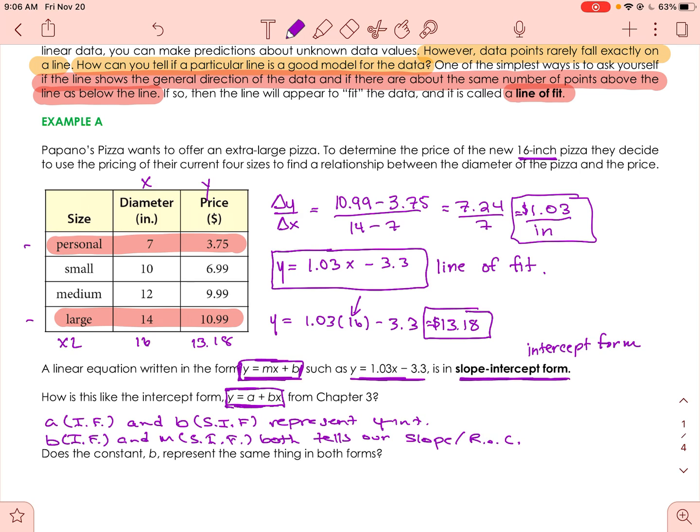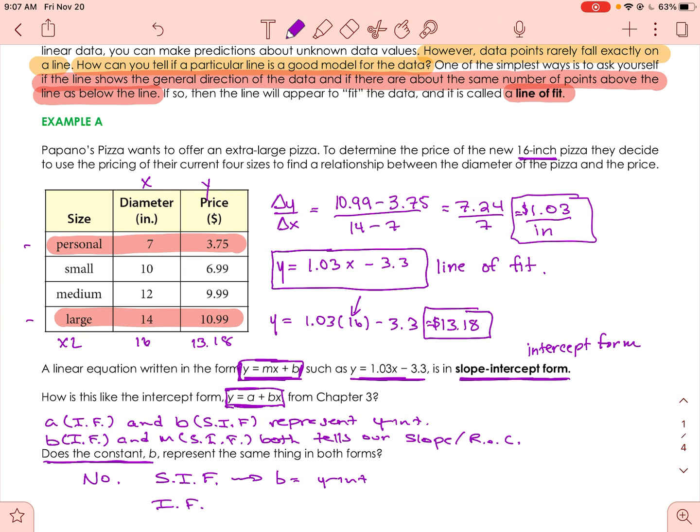So the question is, does the constant b in intercept form represent the same thing in both forms? And the answer is no. In slope-intercept form, which I'm going to abbreviate SIF, b is equal to the y-intercept.